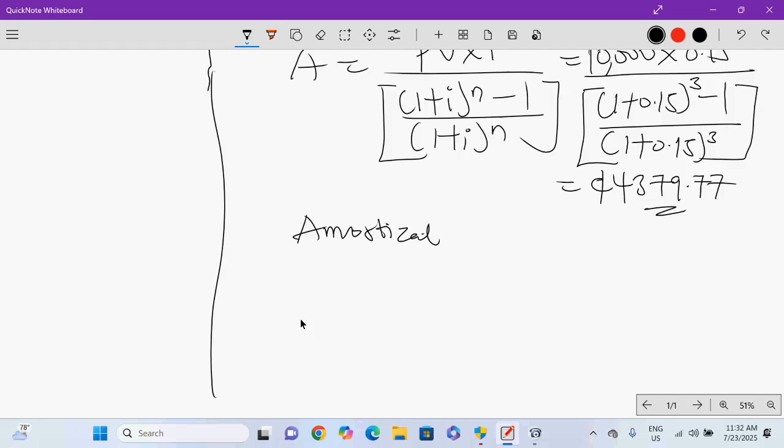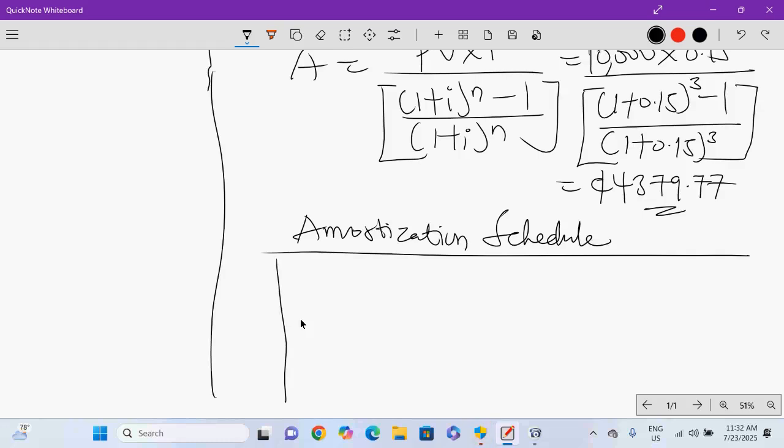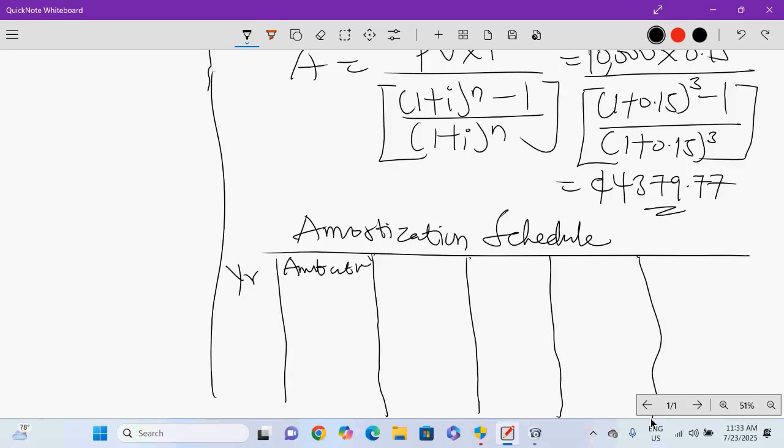On the amortization schedule, we have the year, the loan amount or the principal at the beginning, the interest, then the equal payment or the annual payment, then the principal repaid.